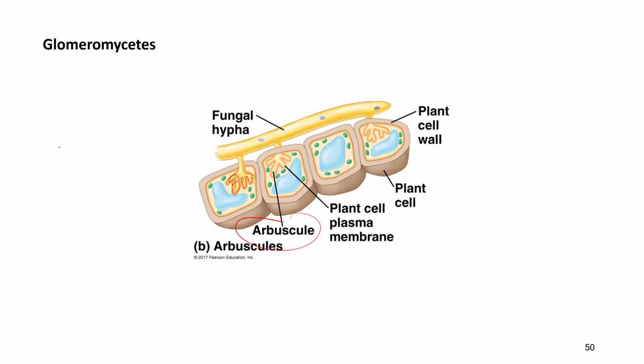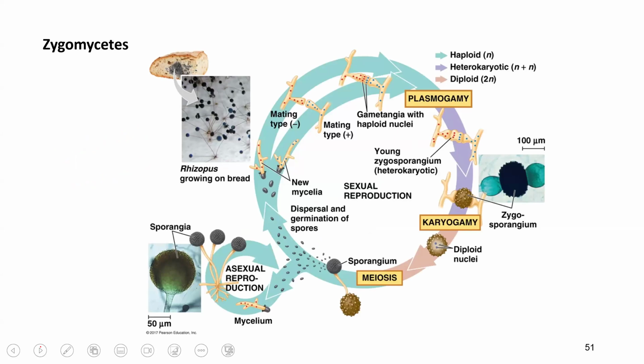So they are symbiotic mutualists. That's what glomeromycetes are known for. So the fungus help the plant get their nutrients and minerals, and the plant provides the fungus with glucose. So there is that mutualistic relationship.